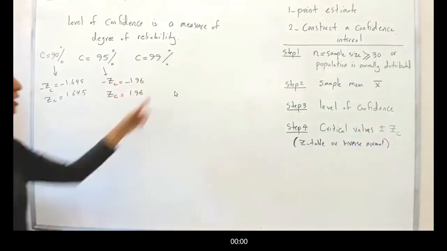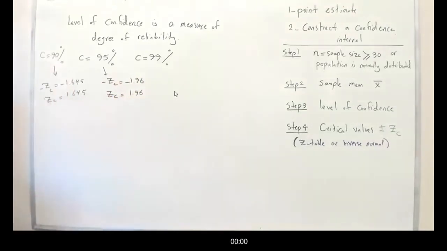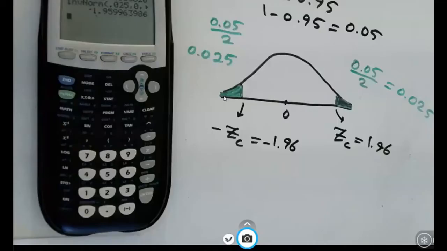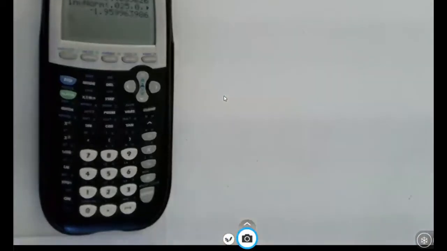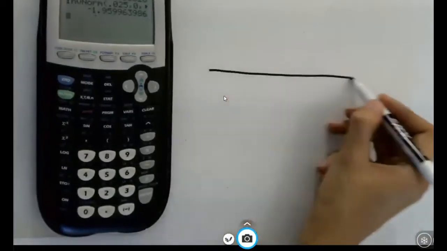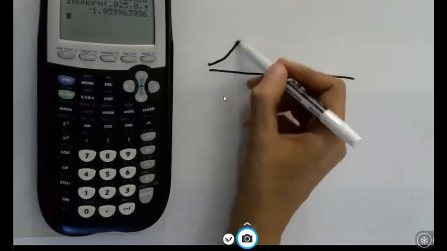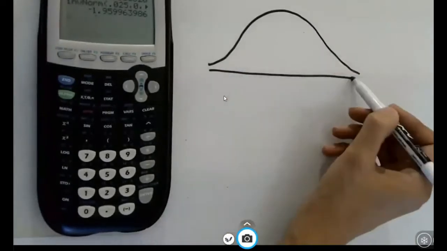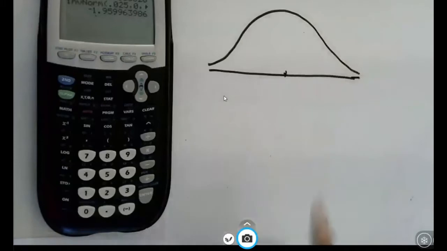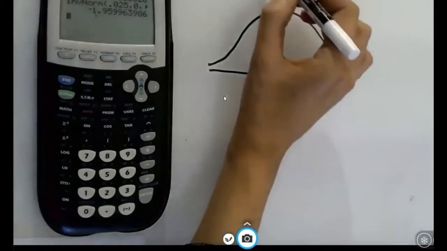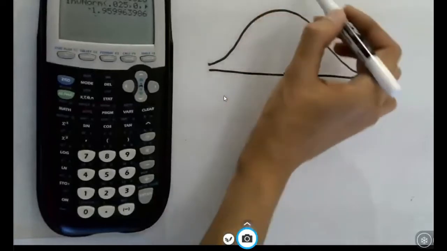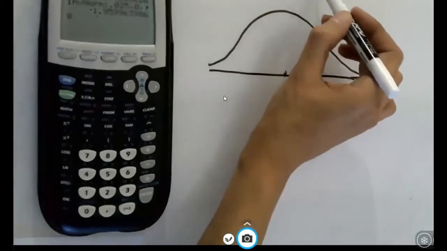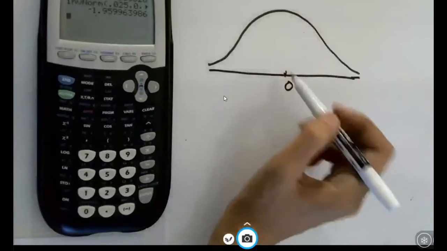And finally, if we have 99% level of confidence, let's take a look at our calculator. Standard normal distribution, mean is 0, so C is 99%. 1 minus C is equal to just 1%.